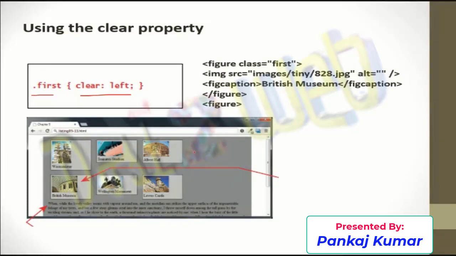Okay. The moment you reduce the browser size, what happens? The figures, whatever you define, you can see here, it is going to fit 3 by 3 automatically, depending on the browser size. So you have to define class equal to first for the figure, then only it will happen, otherwise it won't. Like this way you can do this one.